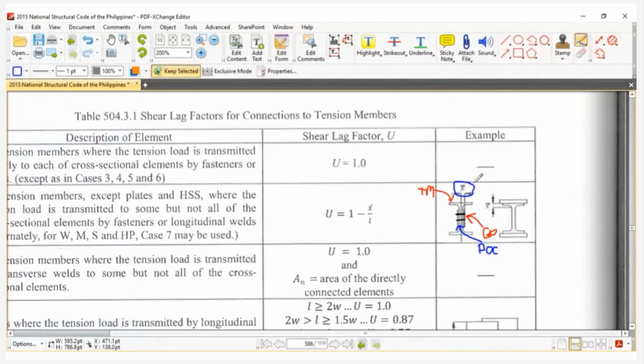So again, this one is the distance between the plane of connection and the centroid of the tension member.